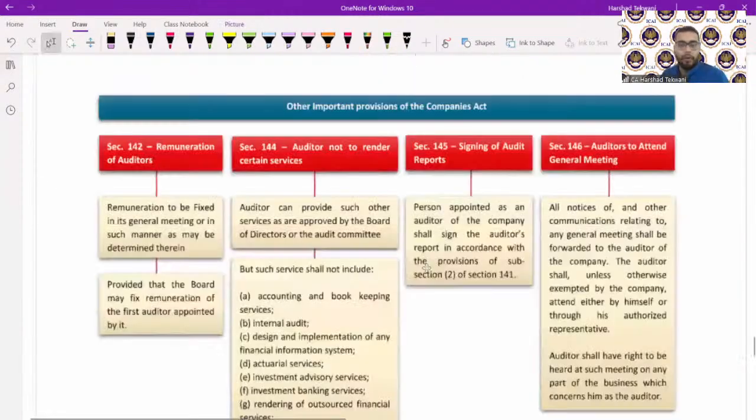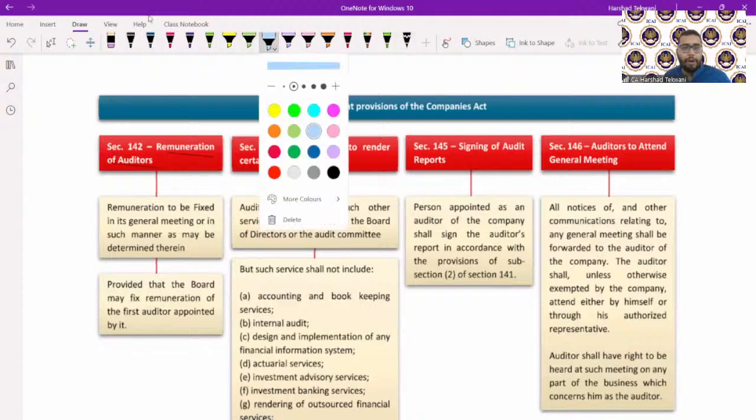Okay. So other important provisions of the Companies Act related to company audit. Section 142, which talks about remuneration of auditor. Section 142 says that the remuneration is required to be fixed in general meeting.